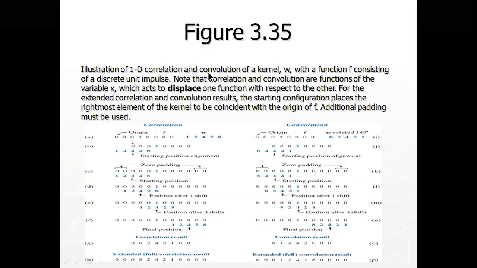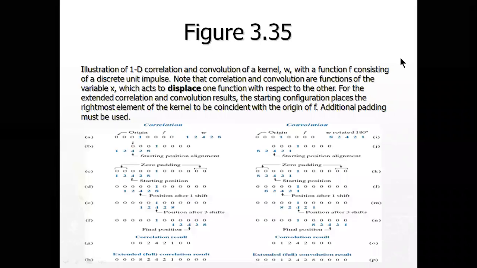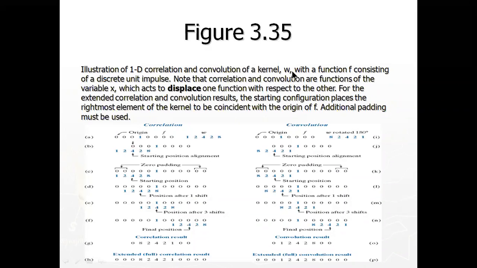Illustration of 1D correlation. Whatever we have shown in the figure is 2D, but now we are taking 1D correlation and convolution of a kernel w with a function f consisting of a discrete unit impulse.